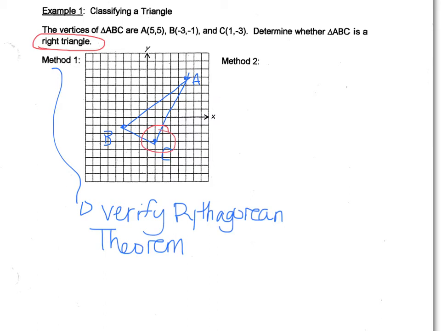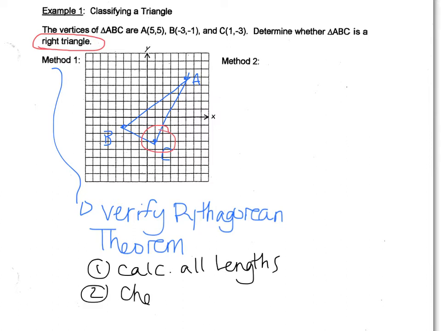So we would test to see if the longest side, AB, if we square that, if it's equal to AC squared plus BC squared. So the first step would be to calculate all lengths. And then we would check or verify, now usually that's a left side, right side statement, if AB squared is equal to BC squared plus CA squared.